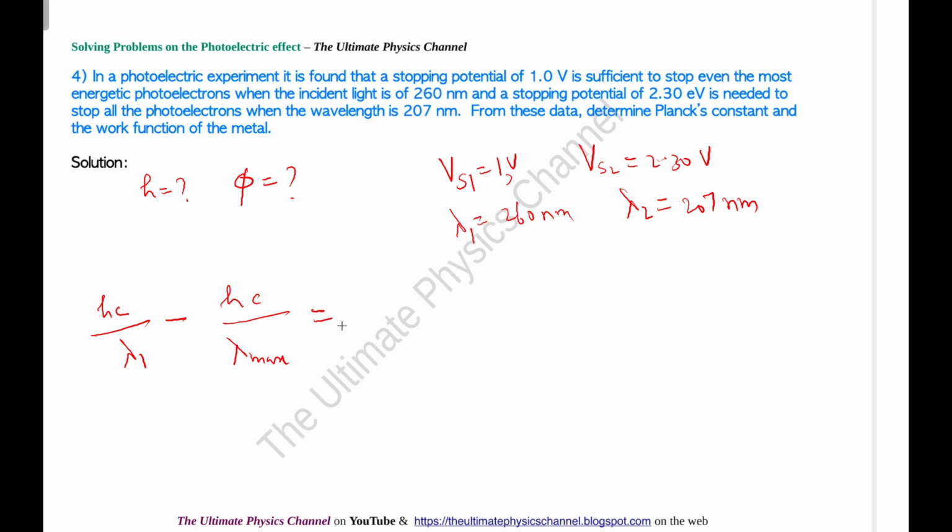No need to suffix 1 or 2 there. e V S 1 on the right hand side. And then we have another equation for the second case, and that would be similar except the suffix will change to 2, right? So it is lambda 2 now here, and then you have same hc over lambda max. On the right hand side you will have e V S 2.